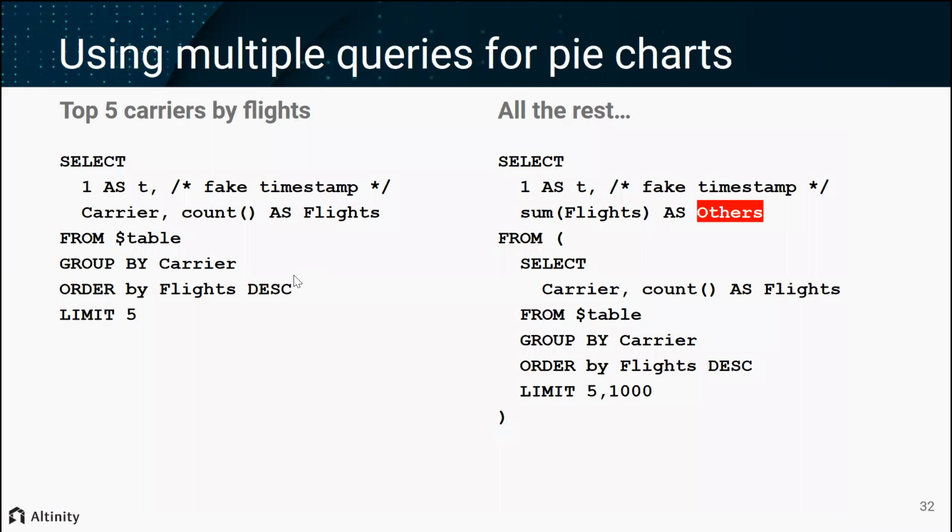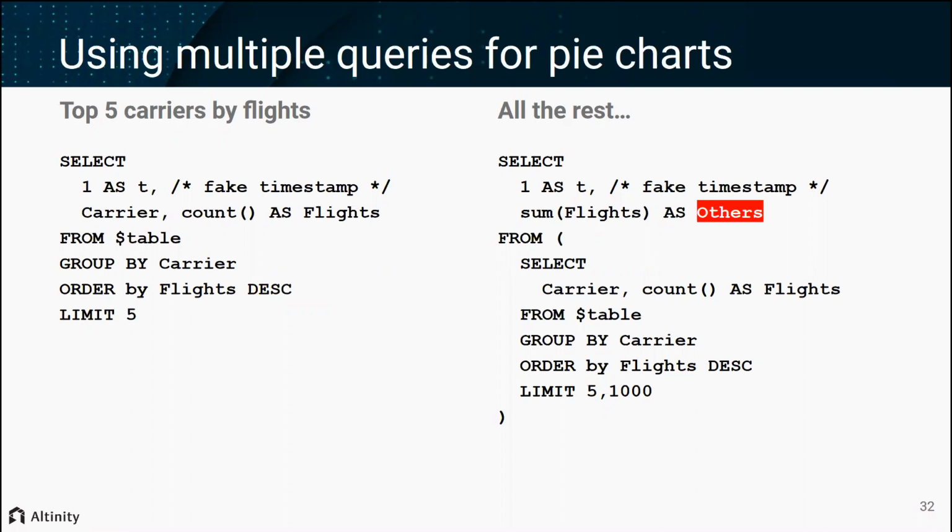Finally, one of the really interesting things that I find super useful in Grafana is the ability to do multiple queries that feed into a single display. There are many ways that this can be used, but one handy one is you can use it to construct a pie chart.